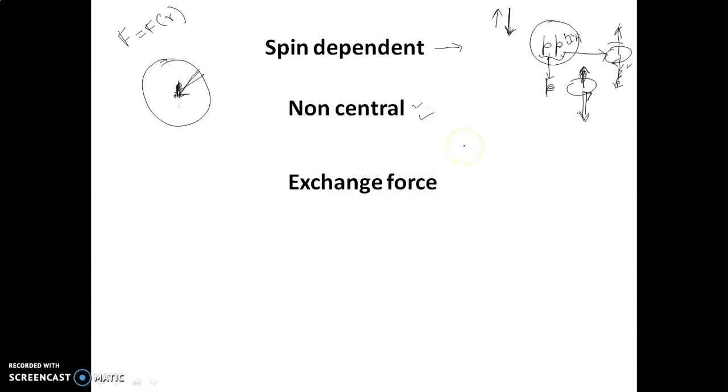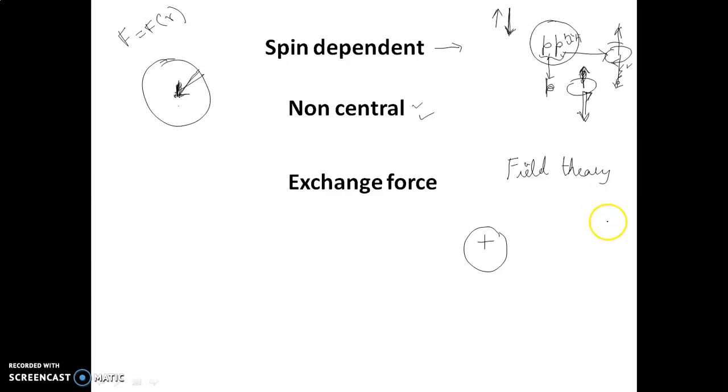Now coming to the exchange force. Exchange force is even more interesting because it is a concept that arose from field theory. According to field theory, even in the case of electromagnetic interaction, a charged particle interacts with its surroundings.